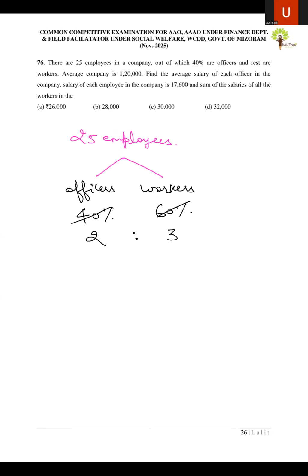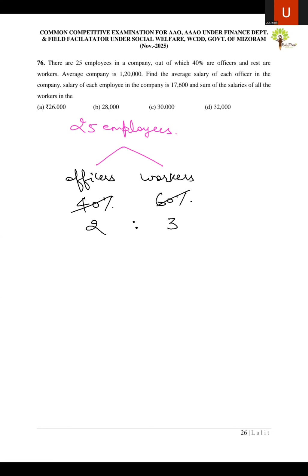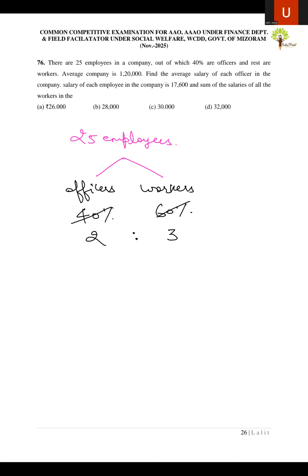All right. So in this question there is some printing mistake.